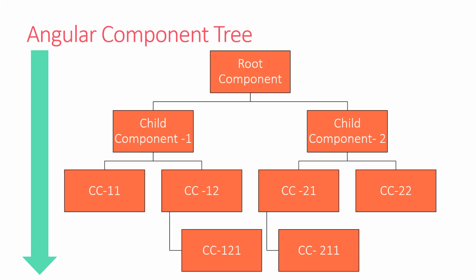But if one of these three scenarios happens, then the change detector will definitely run. So it is not that if data is changing, then the change detector is running. The change detector is actually running and identifying whether data is changed or not, and if data is changed, then it re-renders the view.